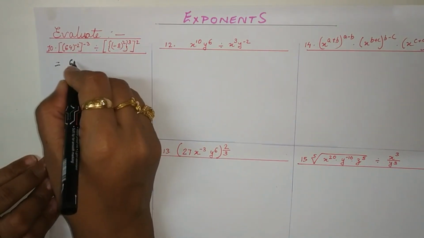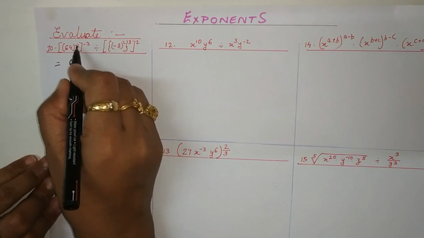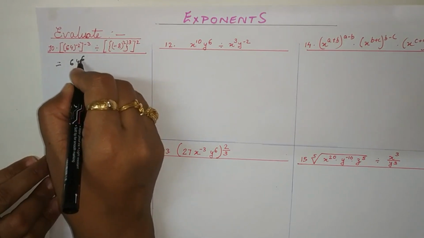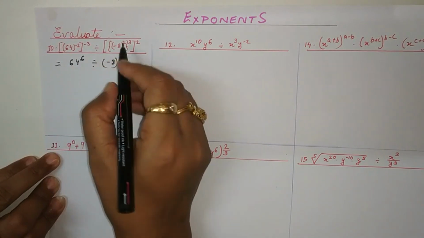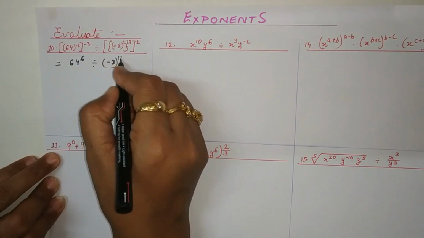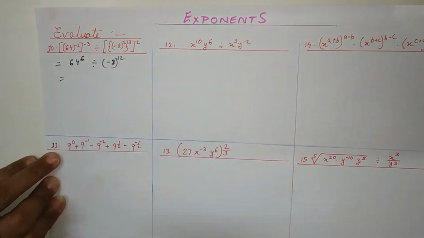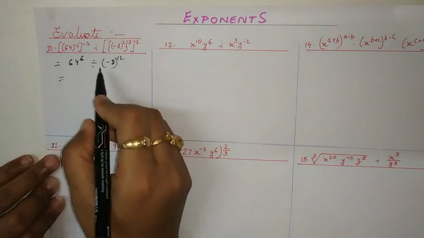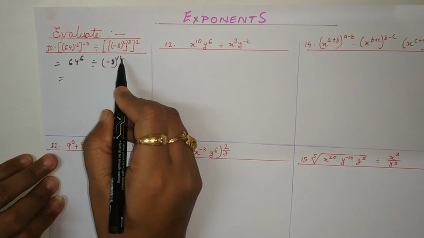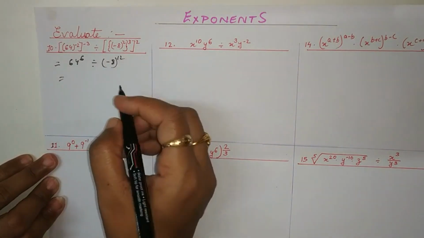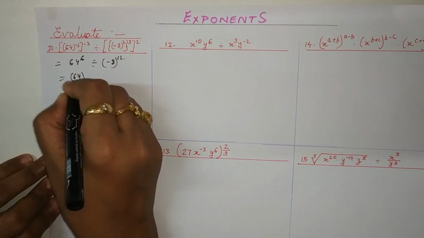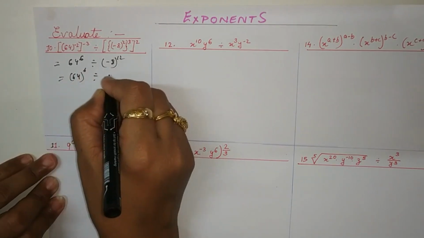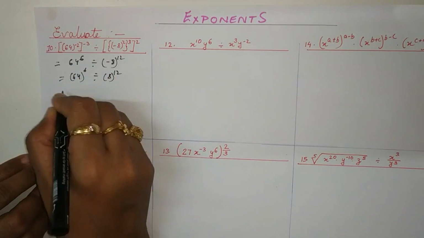Directly, 64 can be raised to the power of minus 2 into minus 3 is plus 6, divided by base is minus 8 to the power of 2 3s are 6, 2s are 12. Now, as in the previous question I just now taught you, a negative number raised to a positive even power, the number will be positive. So this I can write as 64 to the power of 6 divided by 8 to the power of 12.